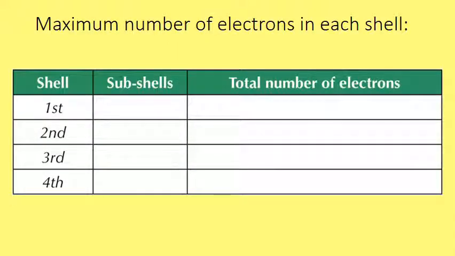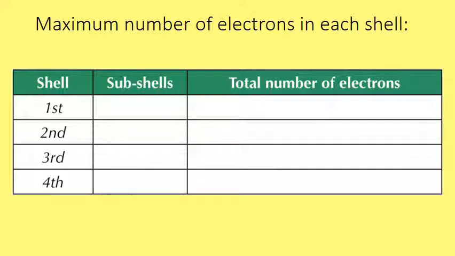And here is that slide with a nice table for you. So in the table we have the shells, the principal quantum numbers from 1 through 4. And what we're going to do is list out the subshells in each of the shells, and then work out the total number of electrons that can be fitted into each shell. Okay, so let's start off right next to the nucleus in the first shell.